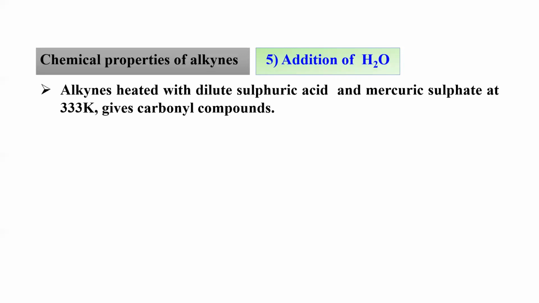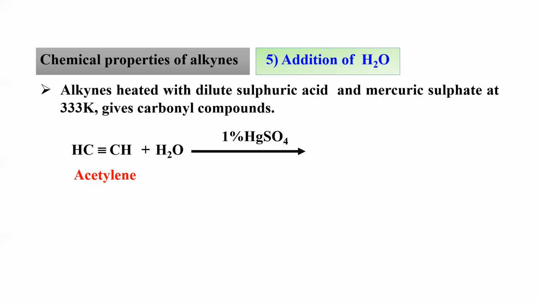Okay, so let's try to understand what's happening here. Alkynes heated with dilute sulfuric acid and mercuric sulfate at 333 Kelvin give carbonyl compounds. So let's take an example. Acetylene is made to react with water.